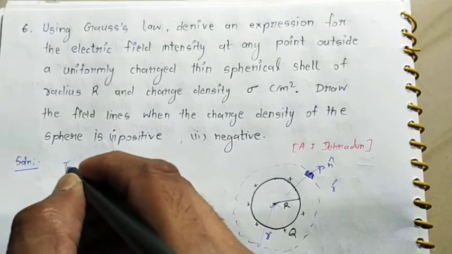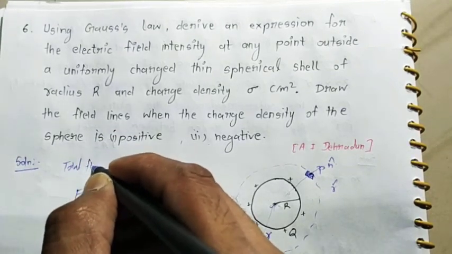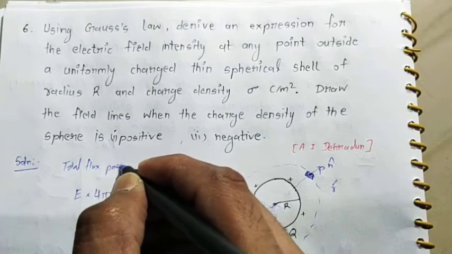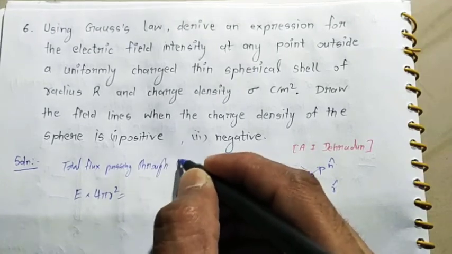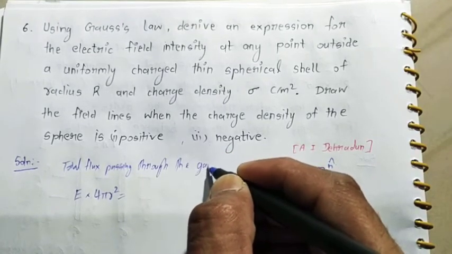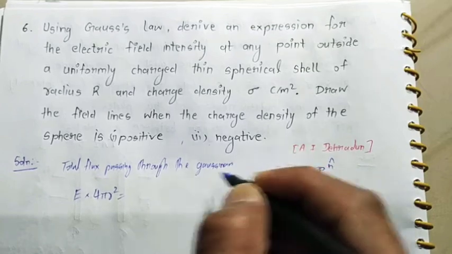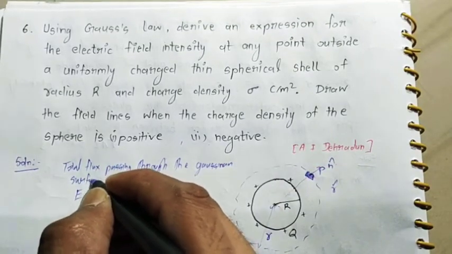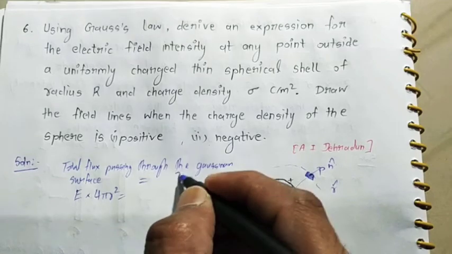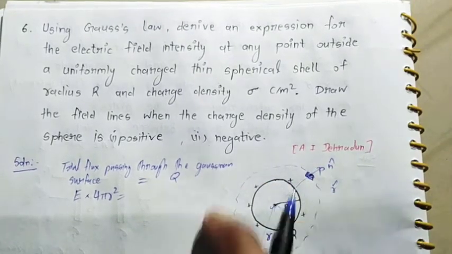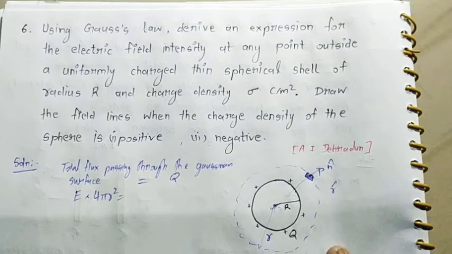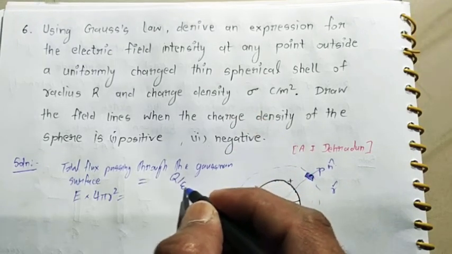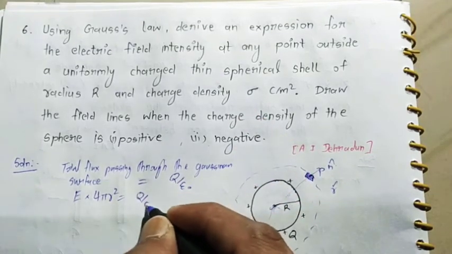Total flux passing through the Gaussian surface is equal to Q, the total charge enclosed by the Gaussian surface, which is always Q, because no charge is outside and no extra charge is there, only capital Q, divided by epsilon naught.